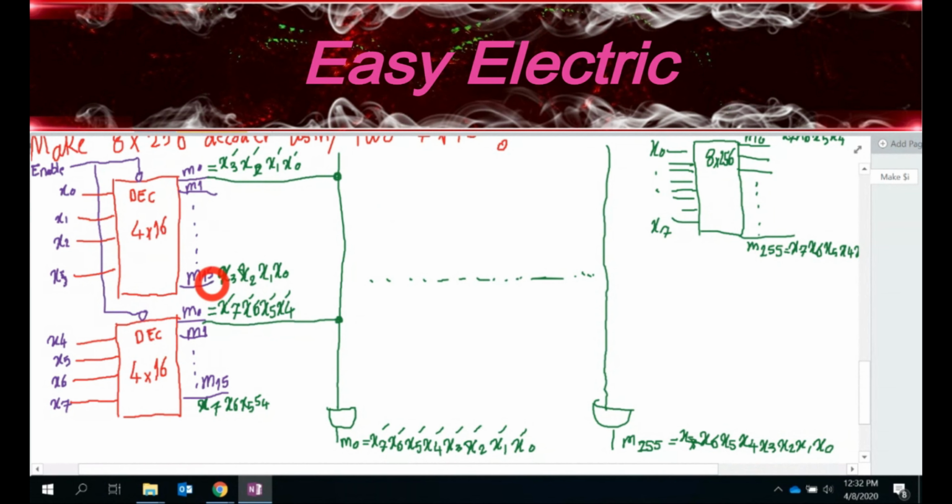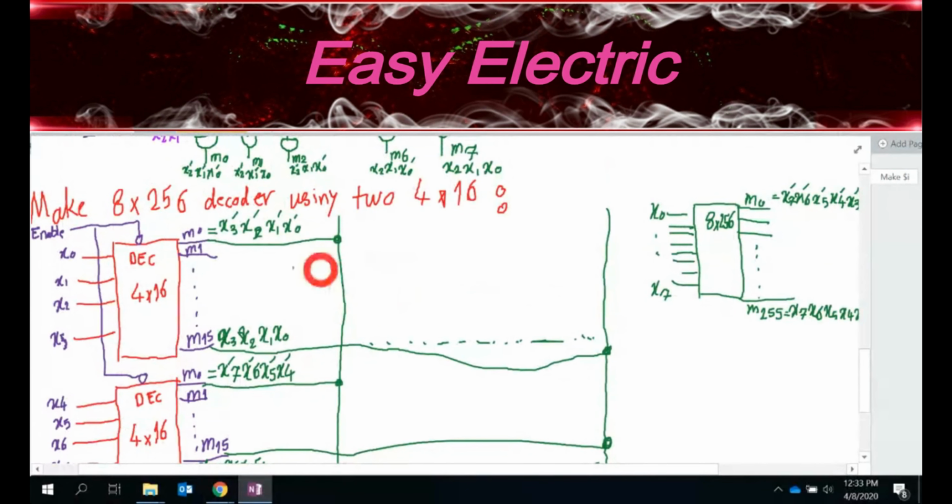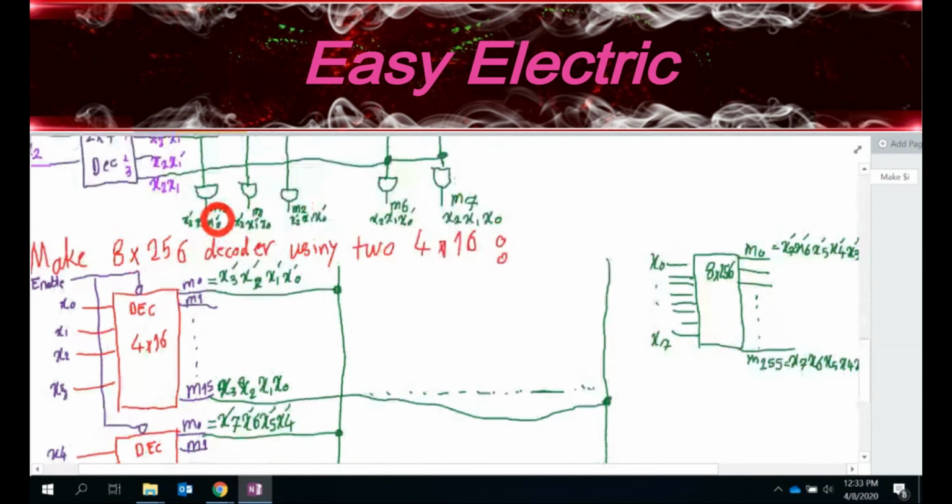And what you need to connect: this is X0 to 3. So you connect these here, and this is X4 to 7, right? You connect this. Okay. So this is just an example which gives you an idea. Any number that I ask you to make, you should be able to make with what you already have.